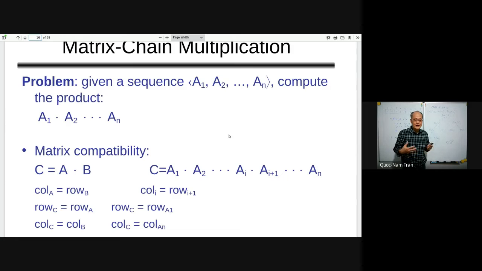For example, we have A1 to AN, and we have to multiply them. And you know that for multiplying the matrices, we can either multiply A1 and A2 first, or A2 and A3 first. Right, let me give you one example here. So we will try to find out what do we need to do.